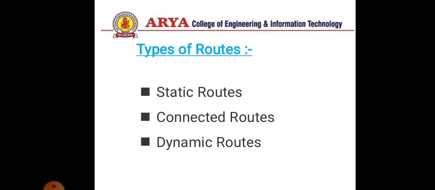In a summarized way, we can say a router gets its name from the fact that it can route data it receives from one network onto another. When a router receives a packet of data, it reads the header of the packet to determine the destination address.